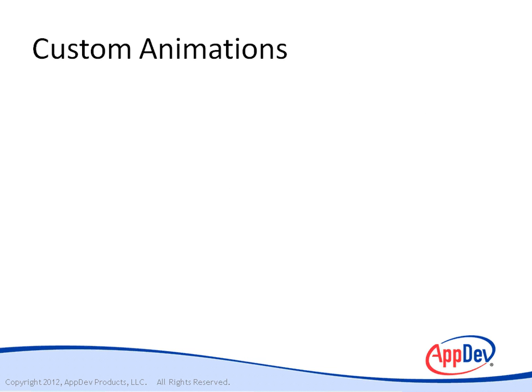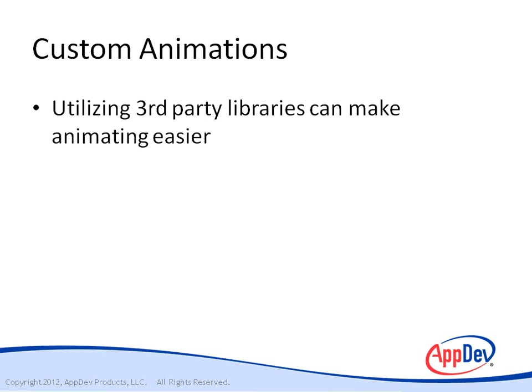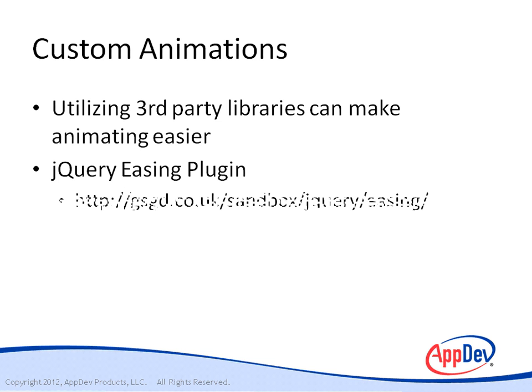Now, doing custom animations can sometimes be a lot of work, even if you're using jQuery, because the jQuery APIs are just the native APIs and sort of a baseline for what you can use. Utilizing third-party libraries can make animating easier, depending on what you're doing. For example, with easing, we have the ability to change the flow of how an animation works. jQuery has some easing functions, but there are additional easing functions that are available through third-party libraries.